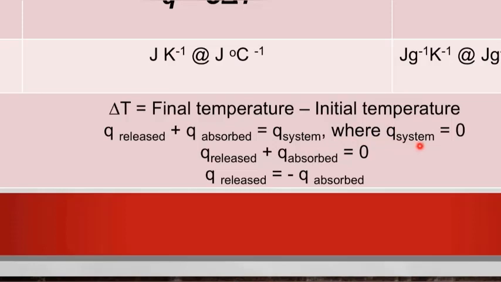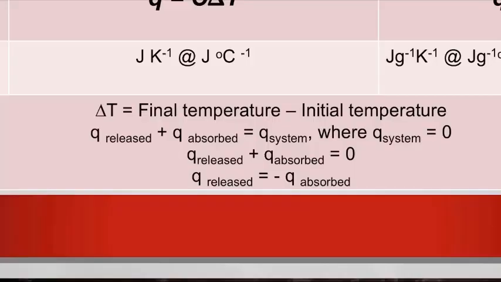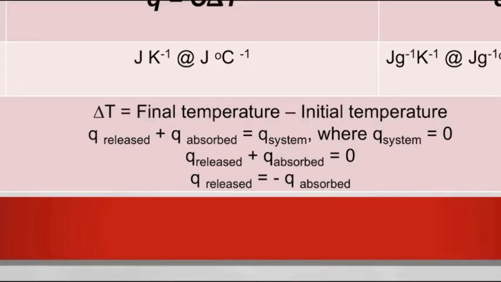So Q system is equal to 0. Hence, we get Q released plus Q absorbed equals 0. And lastly, we can rearrange the formula to get Q released equals negative Q absorbed. You will use this formula a lot later when calculating enthalpy of a reaction.